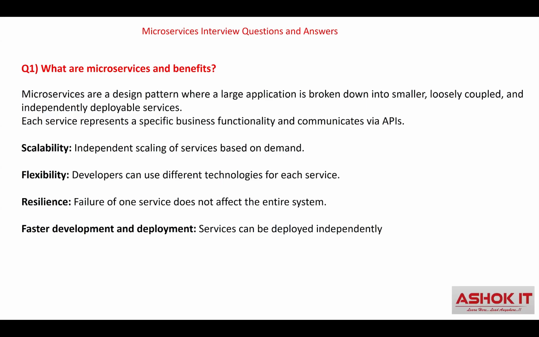And the benefits of microservices are, the first benefit is scalability. This is the top advantage of using microservices architecture. So what exactly is scalability? In legacy architectures, we can provide scaling, either vertical scaling or horizontal scaling, at the entire application level.